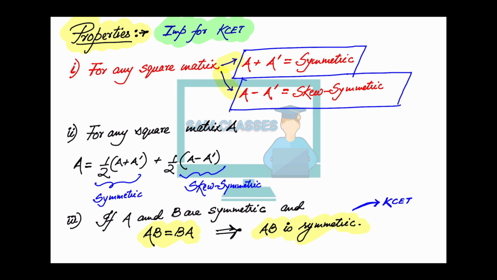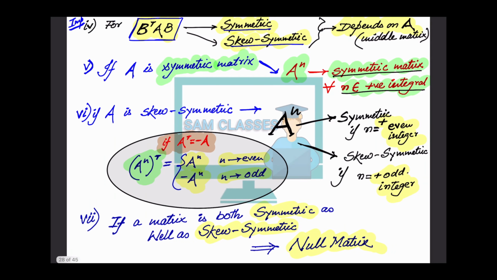This is a kind of short trick you need to keep in your mind. Whenever they have given that A and B are symmetric and they have given you that AB is equal to BA, you can directly say that AB is symmetric, students. Or they can change it vice versa. They can give you that A and B are symmetric and tell you that AB is also symmetric, so you can say that AB is equal to BA.